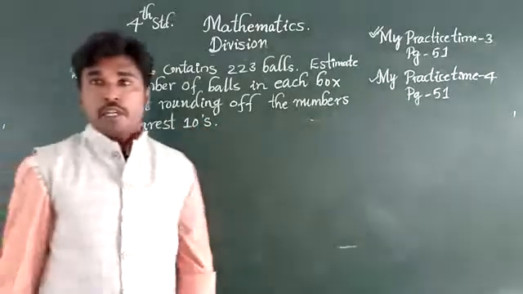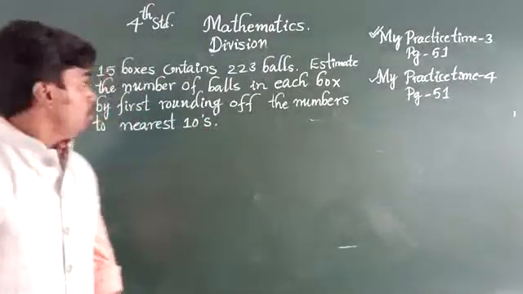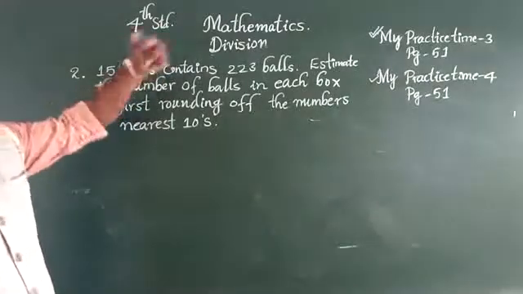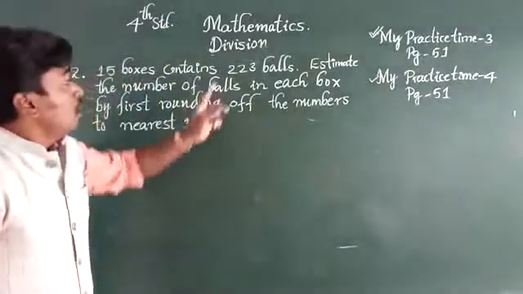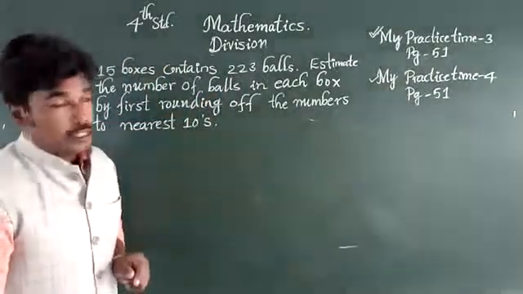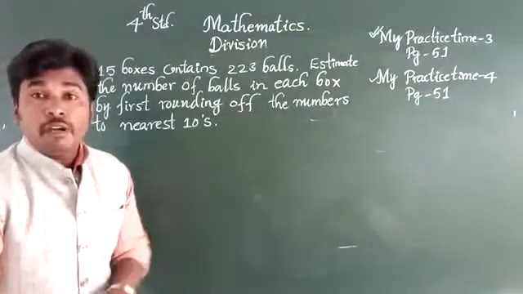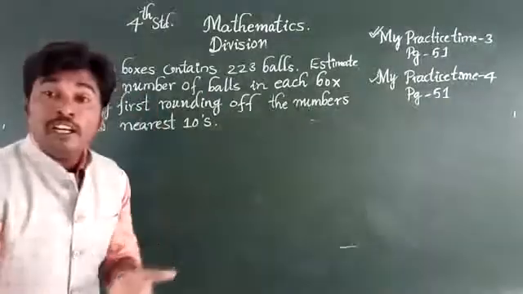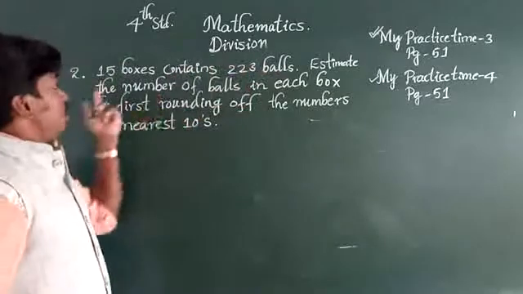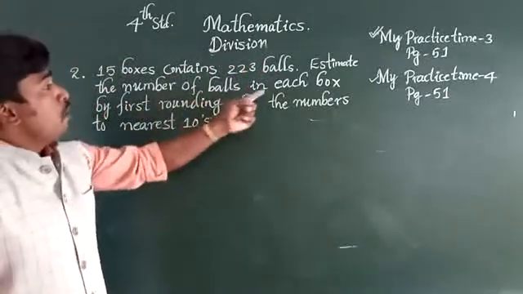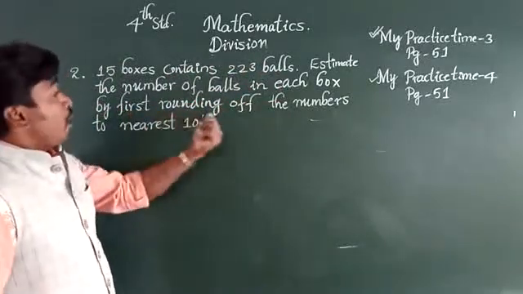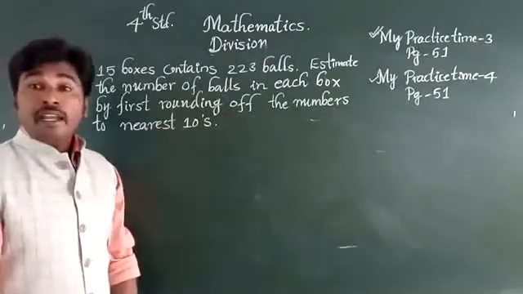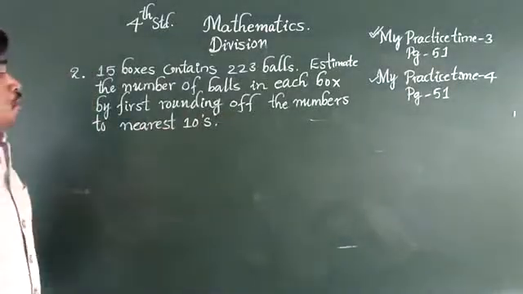So this is the question. This is the number story. What problem? There are 15 boxes. They contain 223 balls. In each box, how many balls are there? We don't know. So that only you need to find out. Estimate the number of balls in each box by rounding off the numbers to the nearest 10.